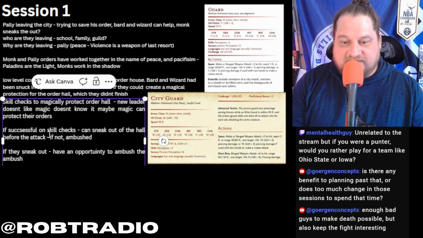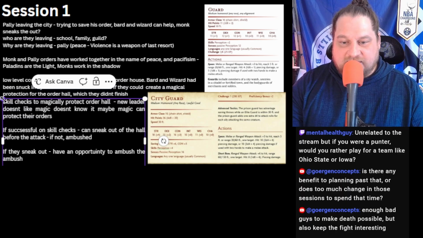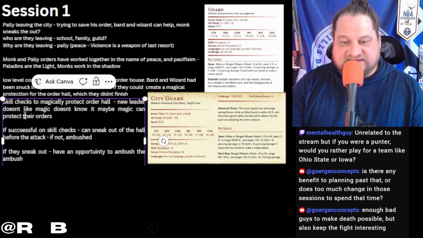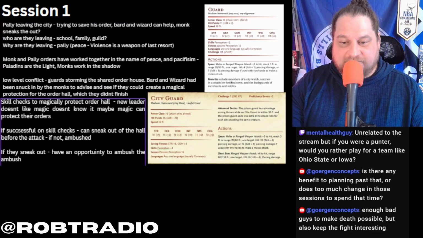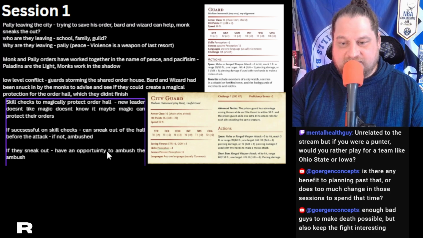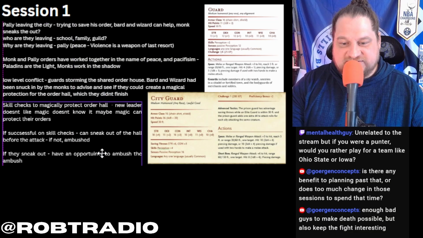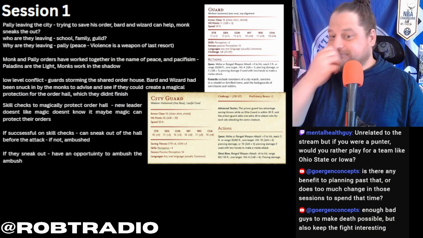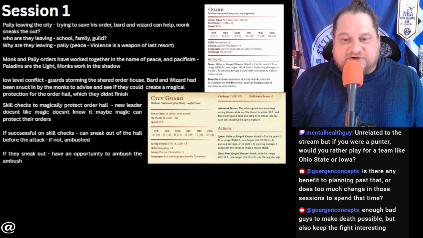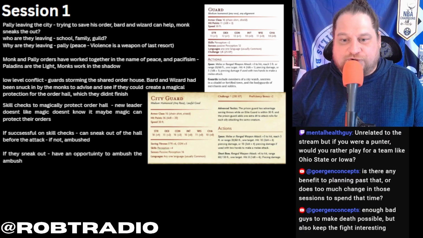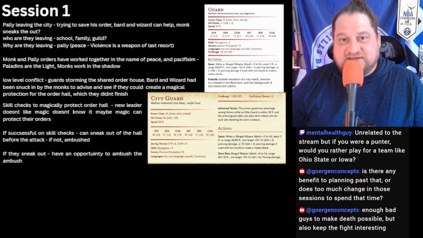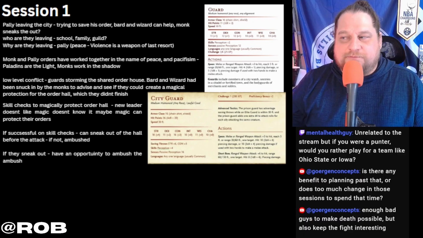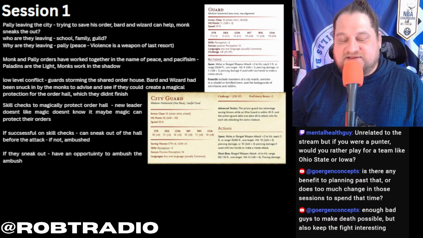And so I'm fine with them selecting not to fight, but I want to make sure I'm putting fights there for them to use if they want to. So the first half of the game, we'll do the intro, the role play. We'll do skill checks for them to see if they can protect the order hall and put up things like alarm and so on and so forth.